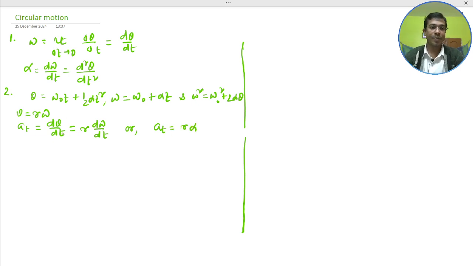Because this is the operator, you just pronounce it d theta dt. This is the tangential acceleration. AT is r alpha, the tangential acceleration.